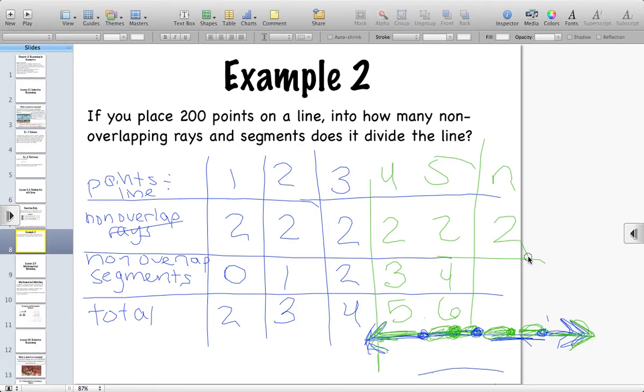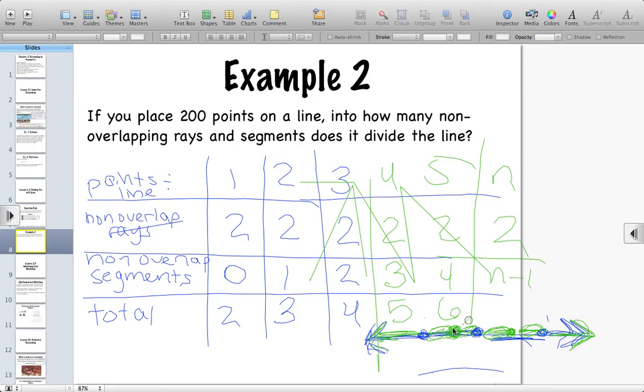So no matter how many points on the line, I only have two non-overlapping rays. Now for non-overlapping segments, notice that it's one less than whatever the term number is. So 1 was less than 2, 2 was less than 3, 3 was less than 4. So whatever the term is, minus 1 gives me the rule.